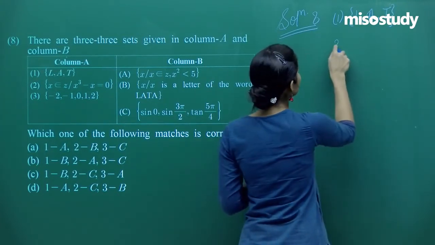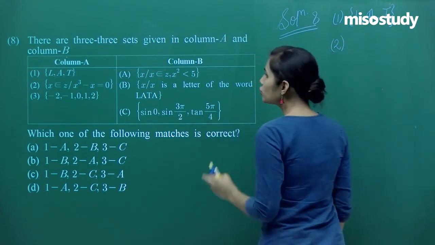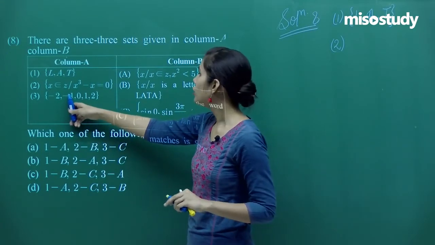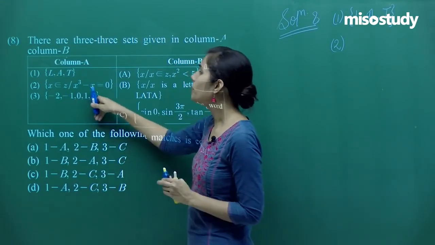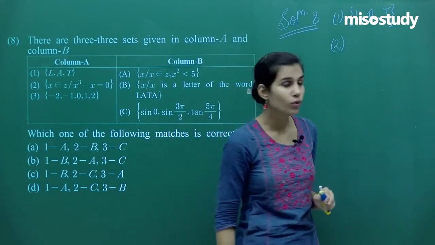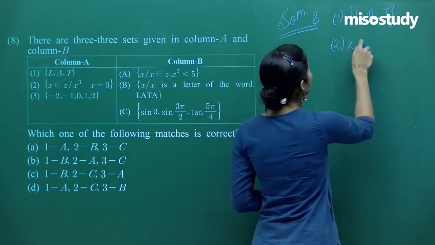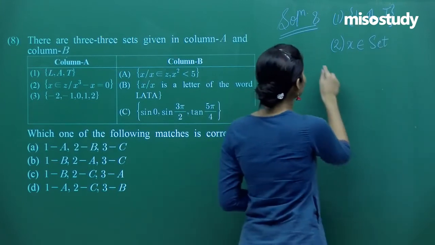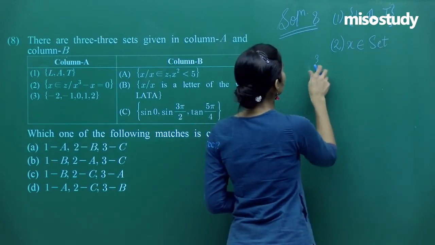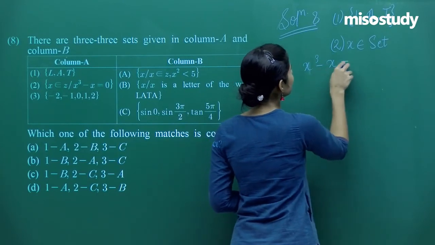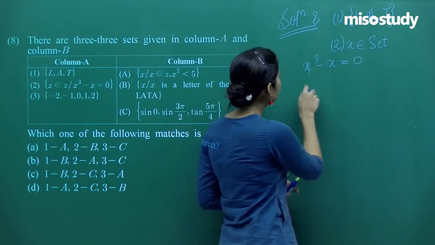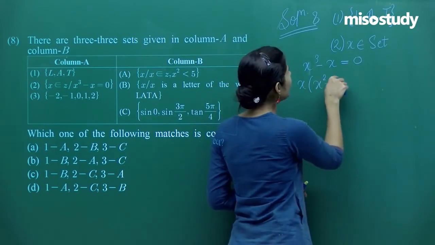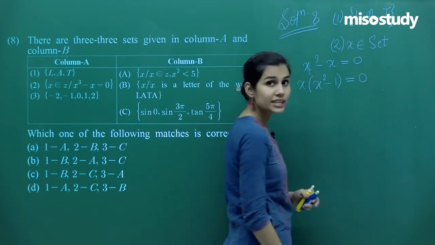Let me try and see what is 2. 2 is all those x belonging to the collection of integers, which is Z, such that x cube minus x is 0. So, if x belongs to this set, which is given in the second part, then x cube minus x is going to be 0. This means x, if I take out common, x square minus 1 is going to be 0.